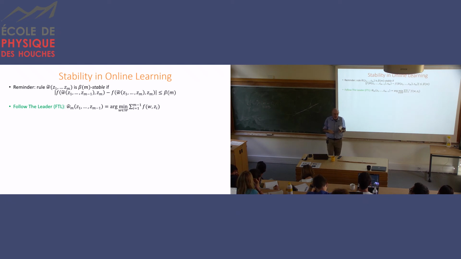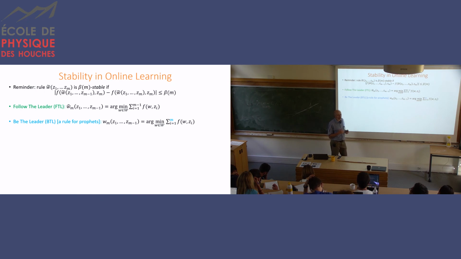And the reason I'm always incorrect is because I'm very unstable. So the way we're going to use stability here is we're going to compare the follow the leader learning rule to a much better but unfortunately unimplementable learning rule, which I call be the leader. So follow the leader looks at what was the best in all the examples so far. And be the leader looks at what's the best in all the examples so far, plus the following example that you haven't seen yet.